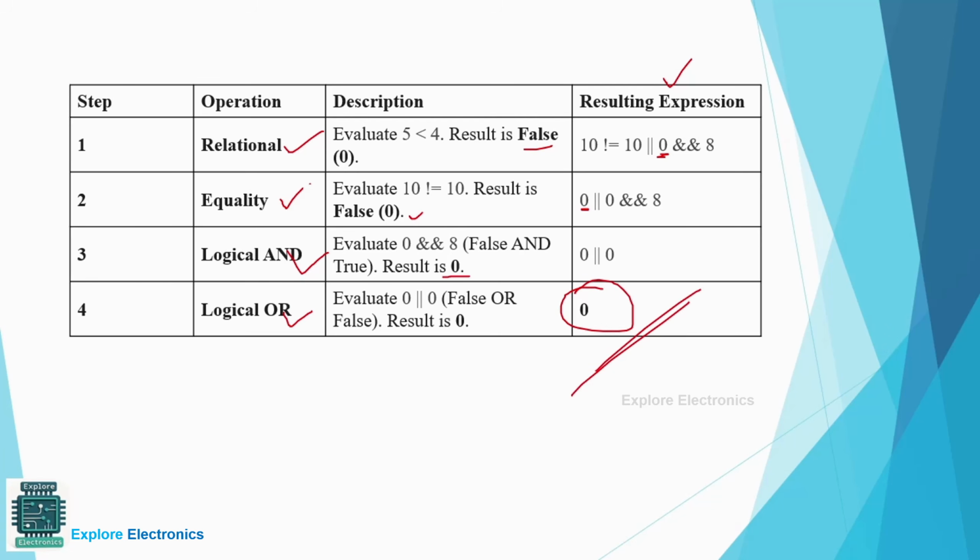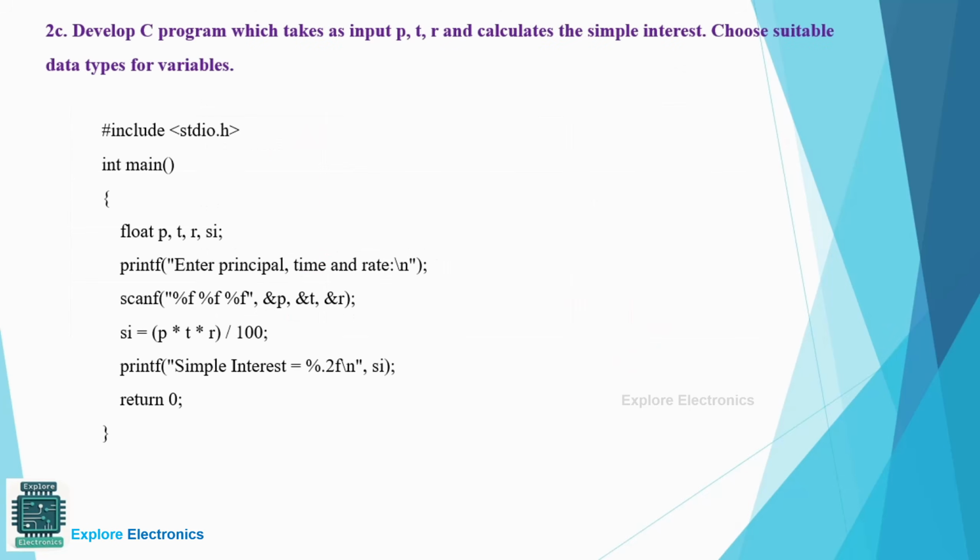Okay. The next question is 2C. Here we need to develop a program which takes in P, T, R, then calculates simple interest, right? First, we need to know the simple interest formula. If we know this formula, then this program is complete. The formula is P T R by 100. For input, we need P, T, and R. So, for printf, enter principal, time, and rate.